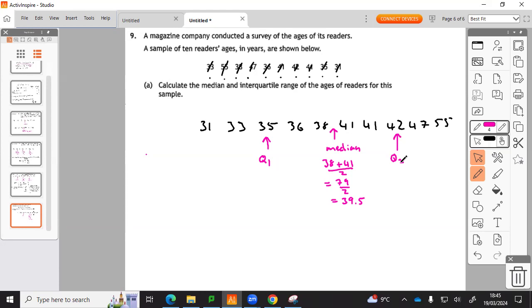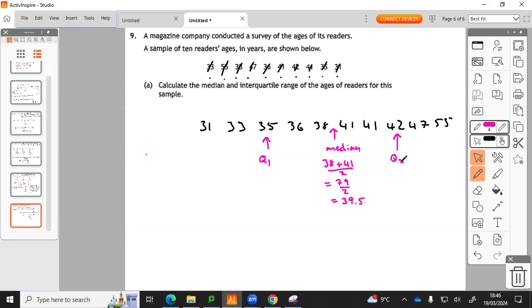But no, in between 38 and 41 is the median. There are 5 numbers on the left, 5 numbers on the right. It's the way I've written it out. Just be careful with the spread of numbers, it's easy to throw you.